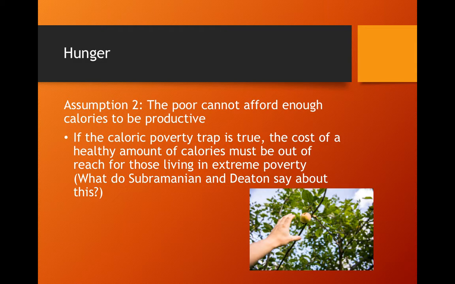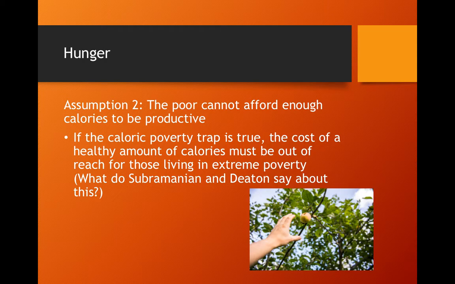The second assumption that we're making is that the poor cannot afford enough calories to be productive. So if the caloric poverty trap is true, the cost of a healthy amount of calories must be out of reach for those living in extreme poverty.